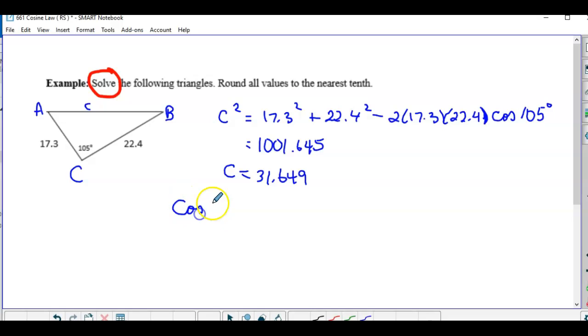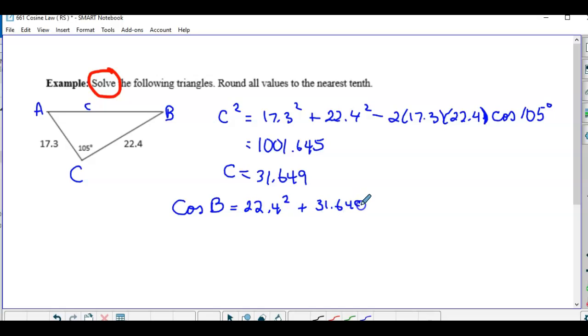So for B, it'll be cos B equals, and so notice how in the formula that's given, it uses cos C. Well, now we're finding a different angle. Just means that you need to be aware of what the sides surrounding angle B are. So that's going to be 22.4, and the side we just calculated, 31.649.